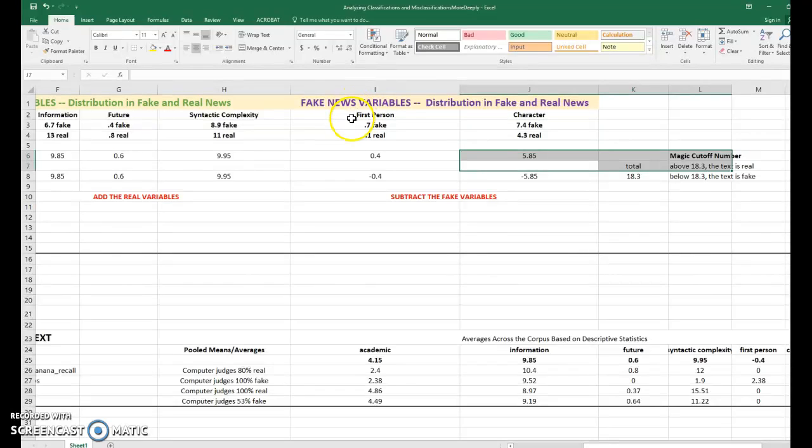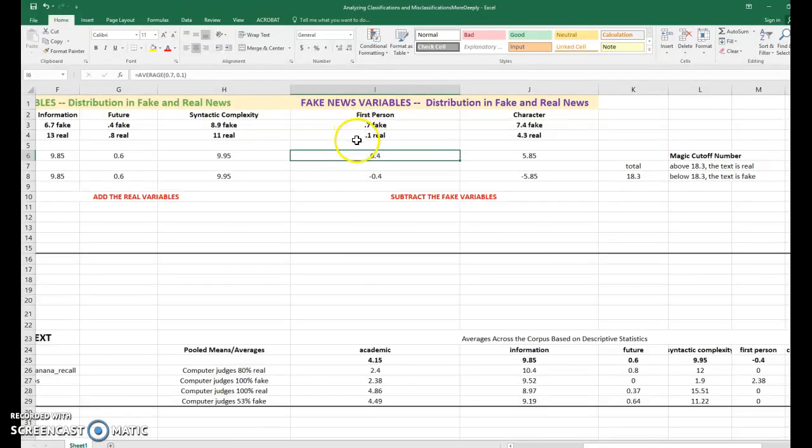In the fake news variables, distribution in fake and real, 0.4 is the average of 0.7 and 0.1. For character, 5.85 is the average of 7.4 and 4.3.